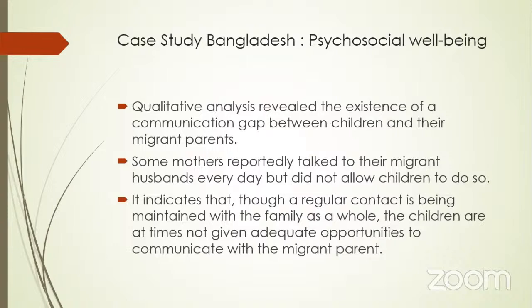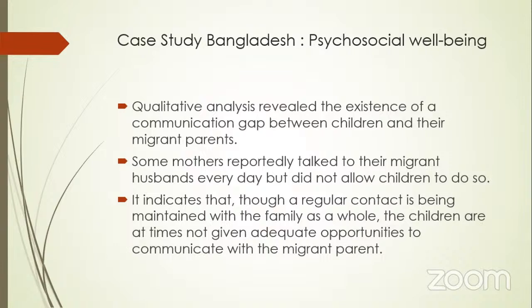Qualitative analysis reveals existence of communication gap between children and migrant parents. Mothers reportedly talk to their migrant husbands every day, but do not allow the children to do so. It has again to do with possibly mobile time, whether they have a mobile, whether they have a communication facility, cost of communication. Though a regular contact is being maintained with the family, the children are at times not given adequate opportunities to communicate.